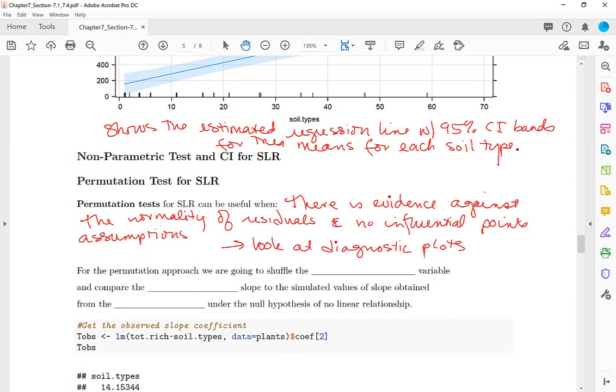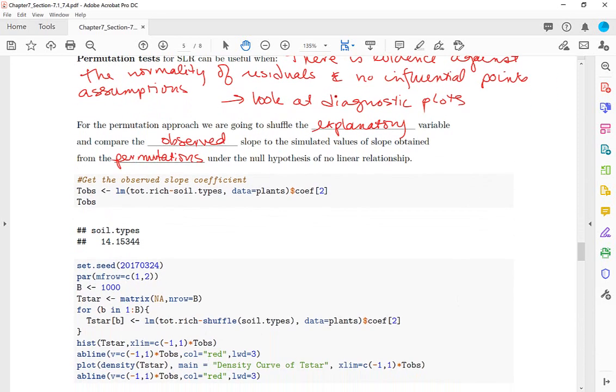For the permutation approach, we're going to shuffle the explanatory variable and compare the observed slope to the simulated values of slope attained from the permutations under the null hypothesis of no linear relationship.